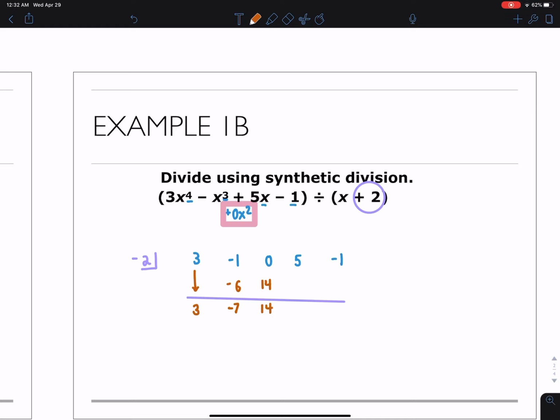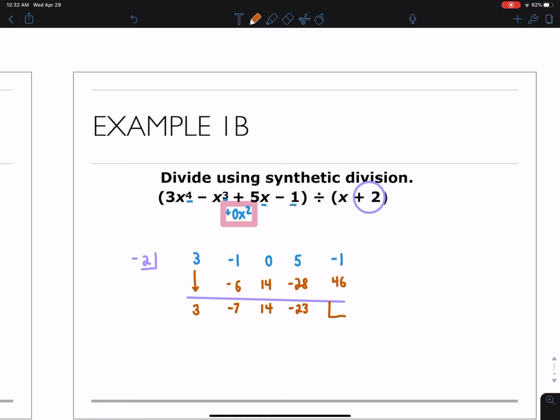14 plus 0, 14. 14 times -2 is -28. 5 plus -28 would be -23. And then -23 times -2 is going to be +46.